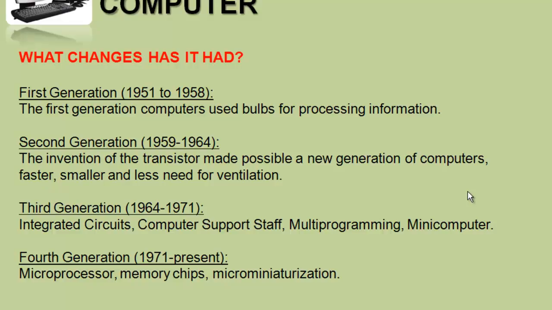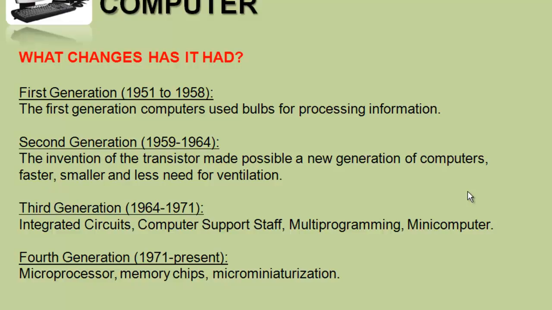What changes has it had? First generation, 1951 to 1958. The first generation computers used vacuum tubes to process information. Second generation, 1959 to 1964. The invention of the transistor made possible a new generation of computers, faster, smaller, and with less need for ventilation.